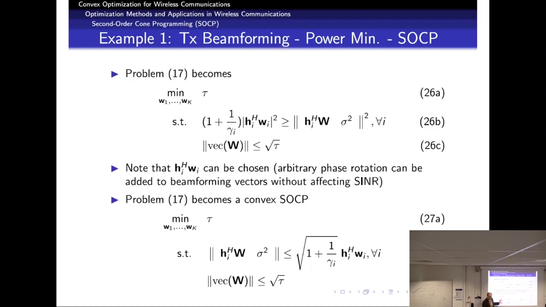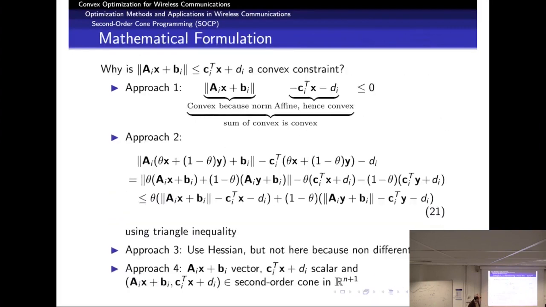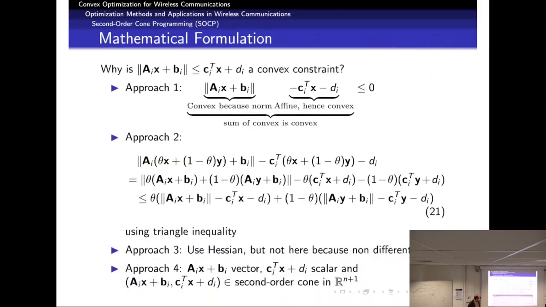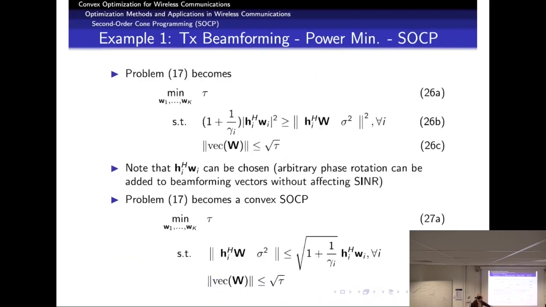This is a convex problem, even though the original formulation seems non-convex. The solution to that non-convex problem is actually the same as this one here. But now we can solve this, and we can guarantee that there is one global optimal solution, right?